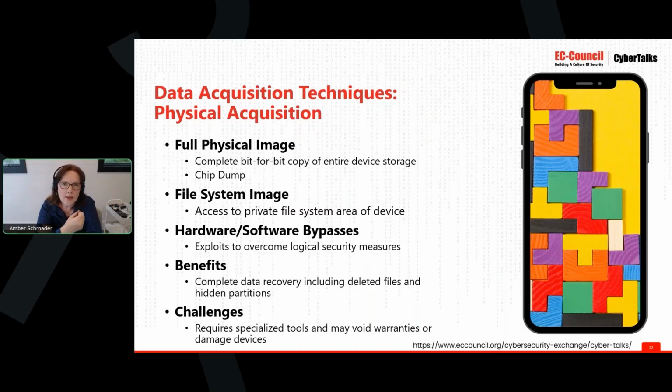Those file system images can give me some good information about my user's behavior on the device and how they're using it, but it doesn't necessarily bring in every piece of data associated with it. A full file system image is just more of those blocks than what I would get if I were doing a logical image. And a logical image is what I'll talk about on the next slide.